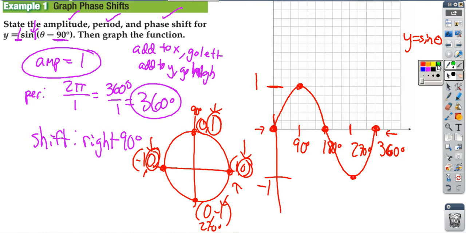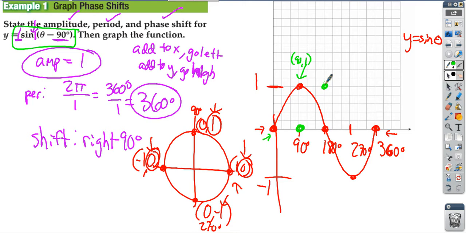Okay, how do we graph this new function right here, this sine of theta minus 90? Well, the amplitude and the period are the exact same. The only difference is take all of those points and shift them to the right 90. So this point was at 0, 0. I'm just going to bump it to the right 90. This point was at 90, 1. I'm going to bump it to the right 90.